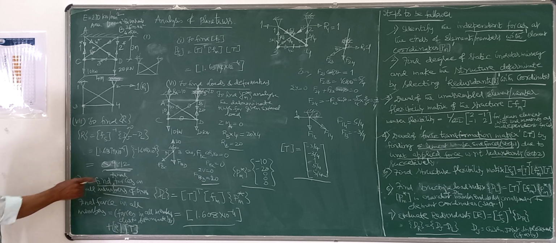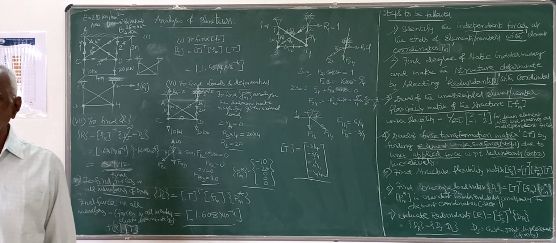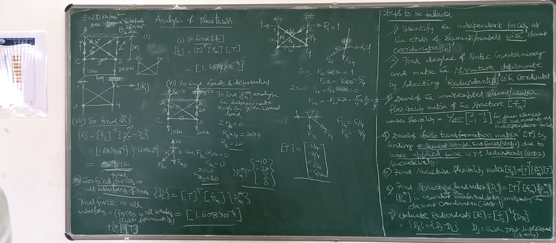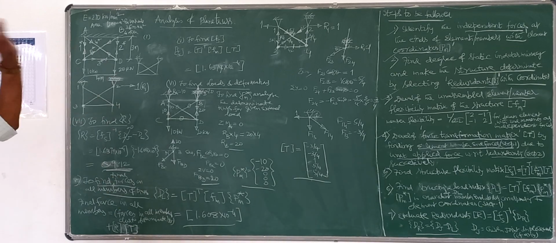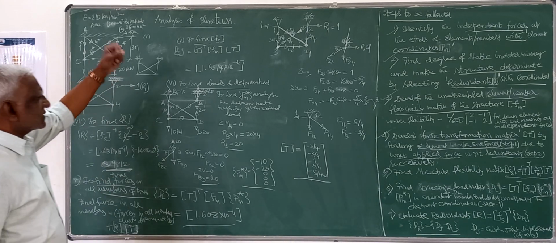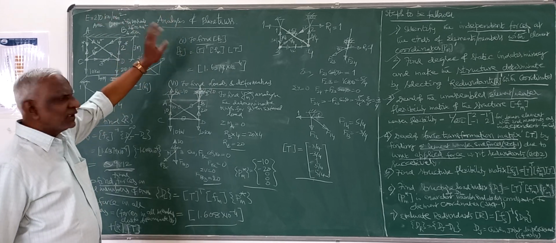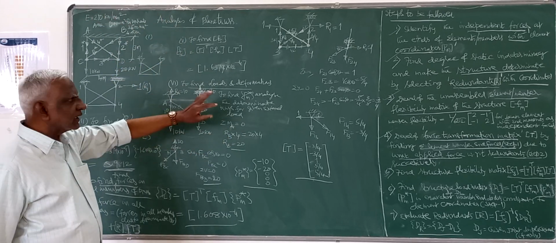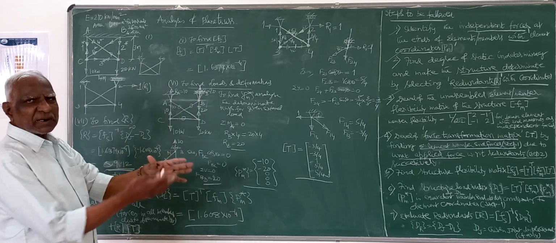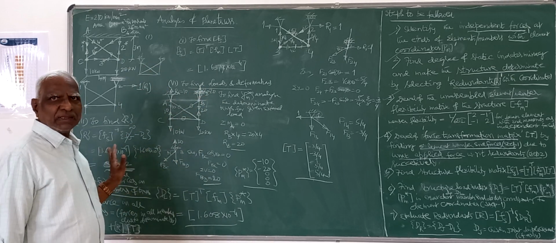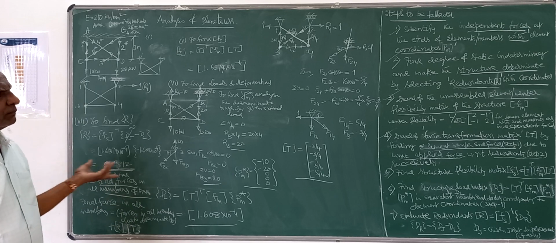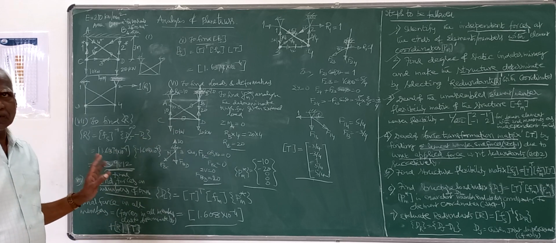This is another extra step you have to add to the plane truss analysis. The rest are all similar, only thing is it is a laborious process of doing the calculation. It is very simple calculation, that's only equilibrium condition, but simply it is lengthy. Except this, there is nothing much in the analysis of truss.